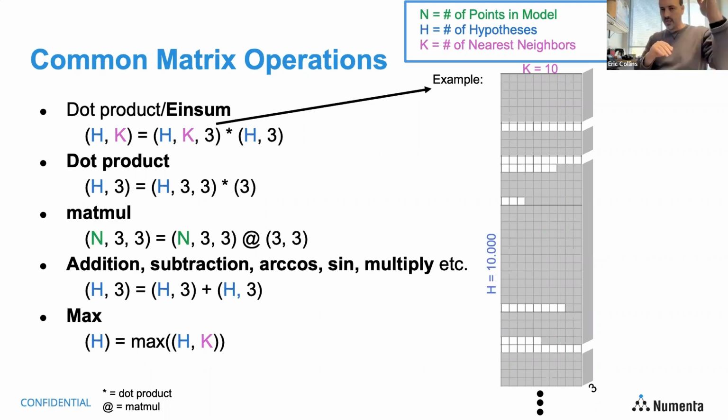So for each hypothesis, you've got 10 possible neighbors, points that you could move to nearby and their orientations. Is there any way that you can sort those based on what the observation is?